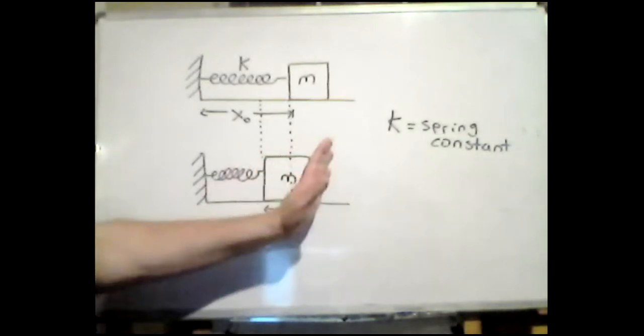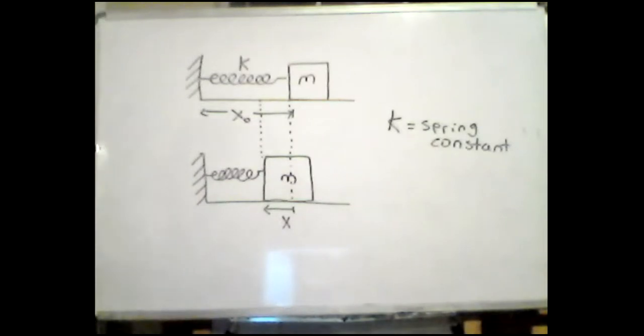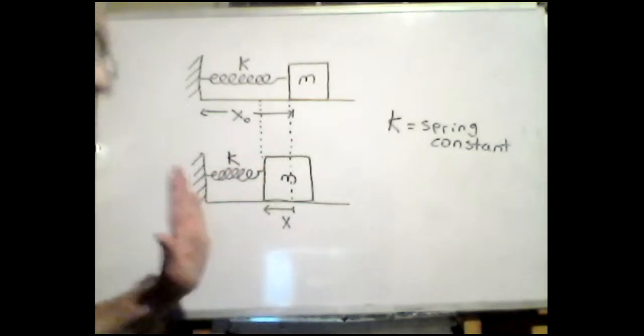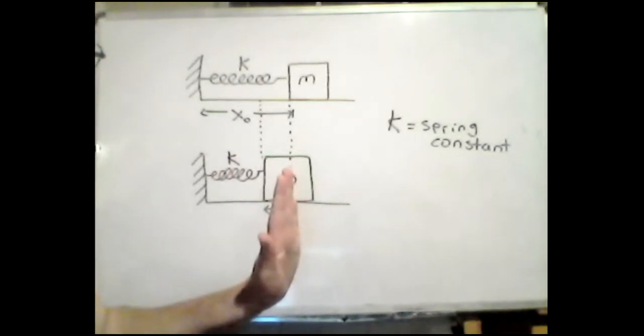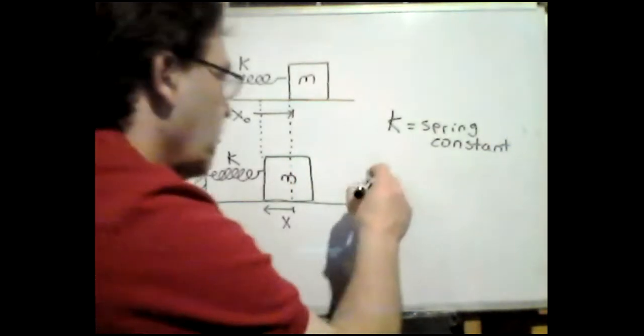And it works exactly the same way if I stretch it. When you displace a mass on a spring like this, there's a force that pushes back on you. There's a resisting force, and it's given by Hooke's law.